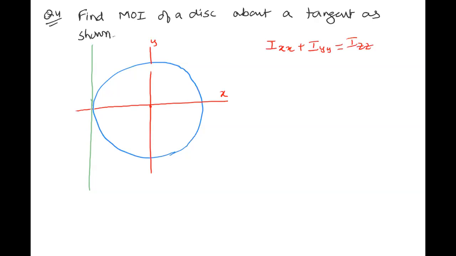I know this. I also notice that there is a symmetry here, and this symmetry tells me that Ix and Iy will be equal.